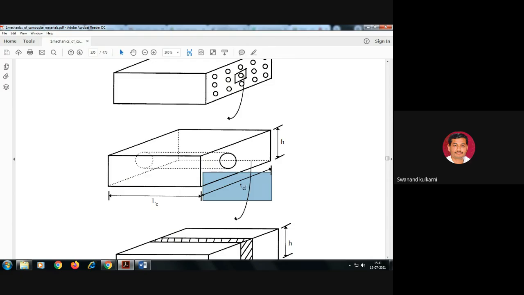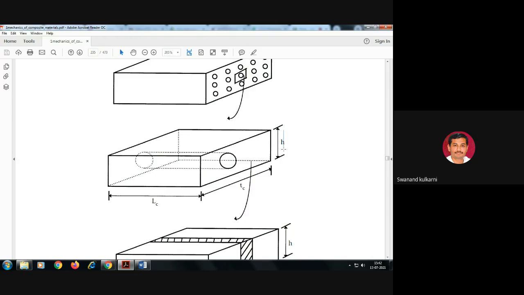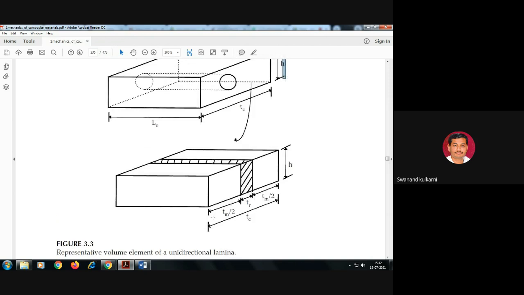Similarly, this portion is the thickness, and from this end to this end we consider the length. Then this part we consider as the thickness, and here we consider the height. Is it okay? So height, length, and thickness, that we have considered here.